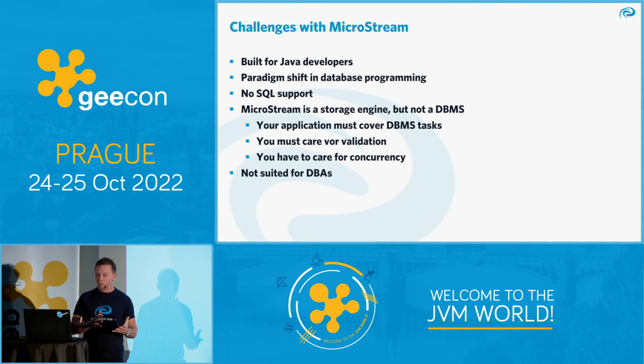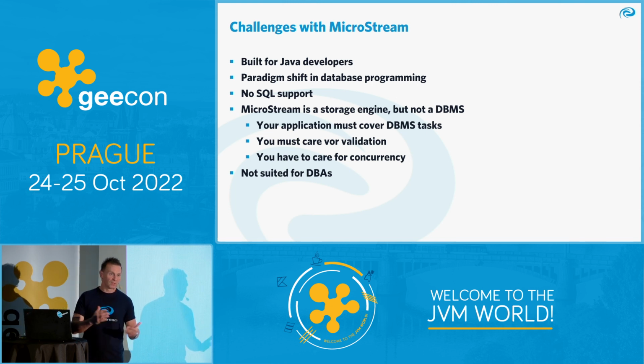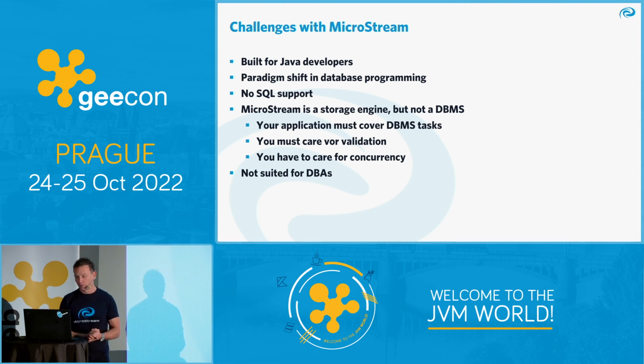With MicroStream, you have to do it correctly. You have to build a service that enables third-party applications access to your data. Actually, in the microservice world, you have to do it anyway, but for some, it might be a challenge.